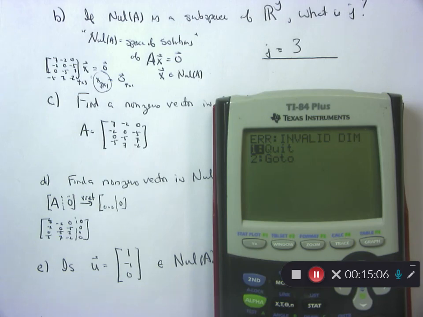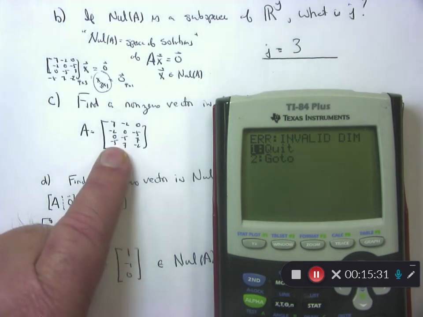For solving equations, to be able to get solutions, you always have to have the same number of variables as equations, or you can have more variables than equations. But the calculator will give you the invalid dimension error when you have more equations than variables. Let's look at the problem that we're looking at here.